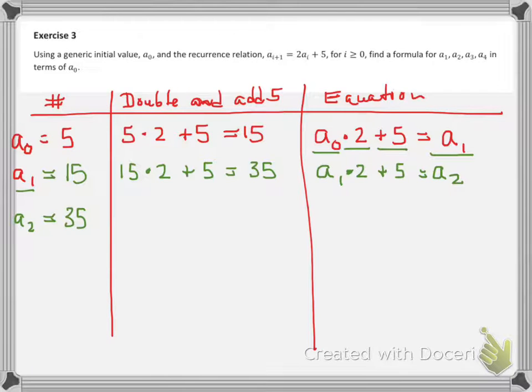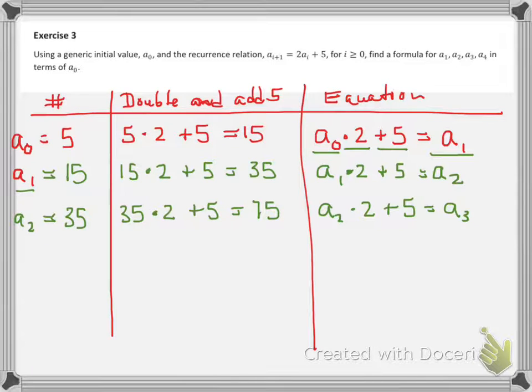Okay, let's do one more. And let's see, that means we start with 35, double it, add 5. 35 times 2 is 70, plus 5 is 75. And this would be what we started with, A sub 2 doubled plus 5, and that's going to equal A sub 3.